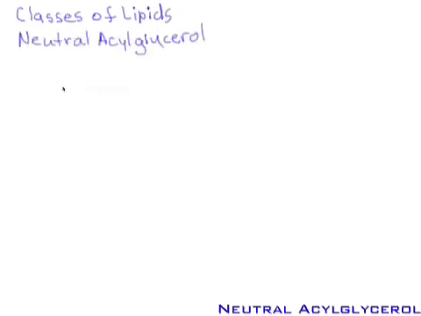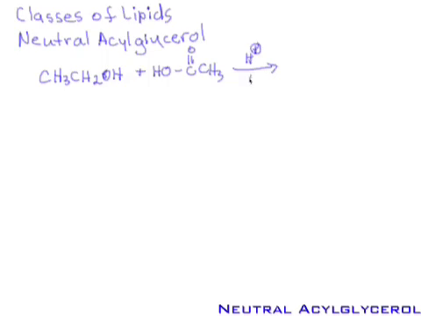Now, we already know that an alcohol, such as ethanol, can react with a carboxylic acid, such as ethanoic acid or acetic acid, and in acid and heat, we can produce an ester.